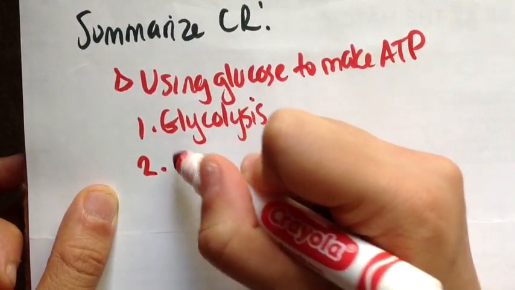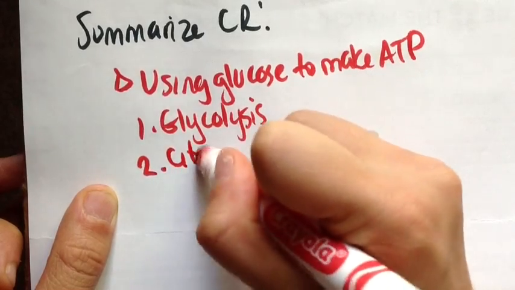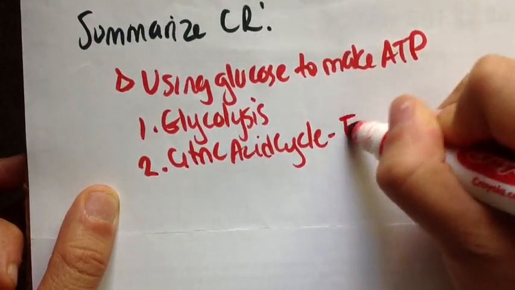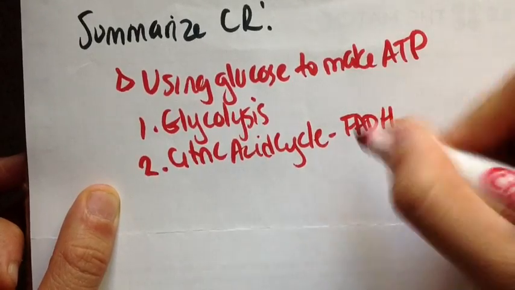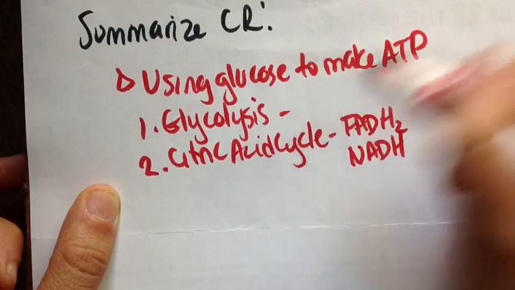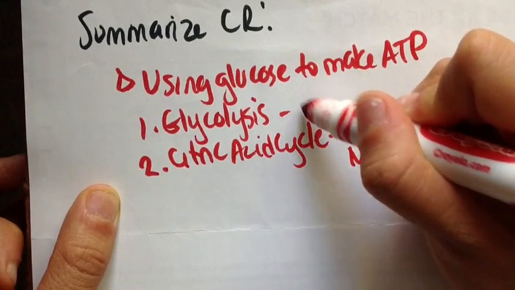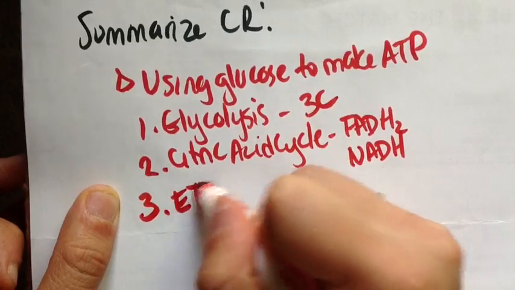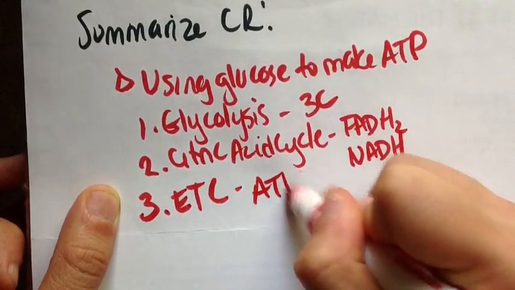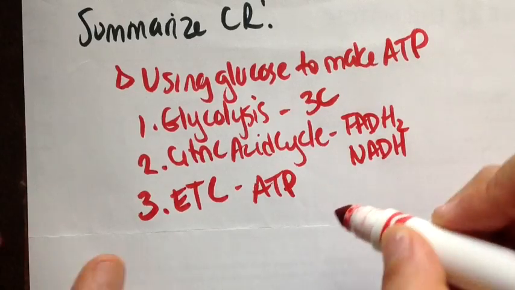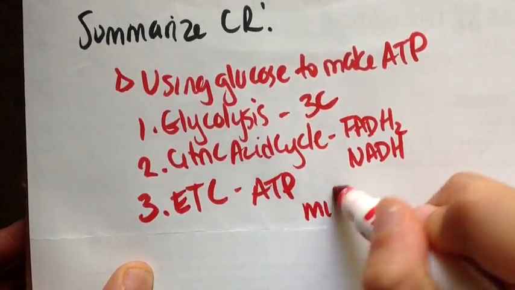Step 2 was the citric acid cycle, and the goal of that was to make FADH2 and NADH. And glycolysis made a 3-carbon compound. Lastly, we went through the electron transport chain, and from there is where we made the ATP. So that's basically what happens in cellular respiration. Also make sure you remember it happens in the mitochondria.